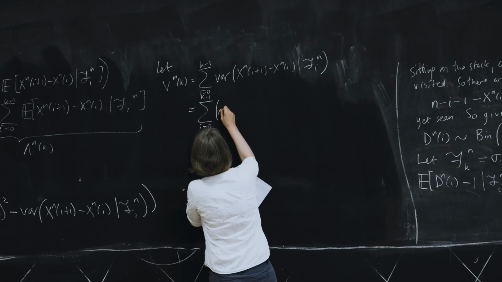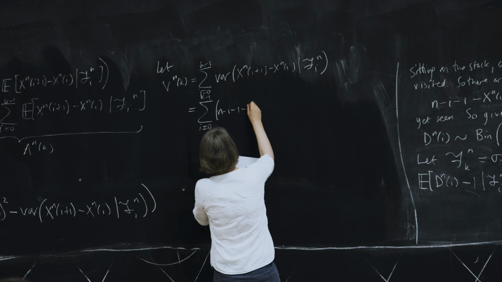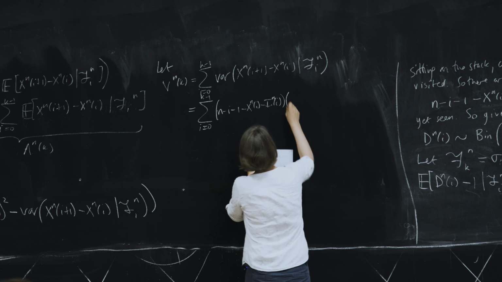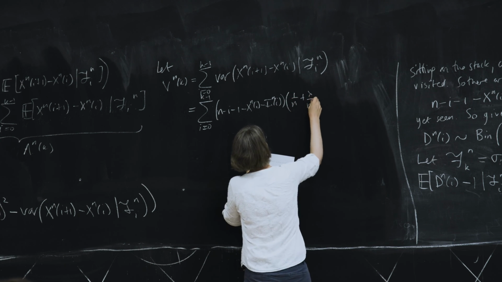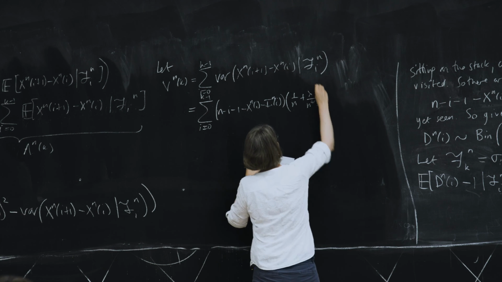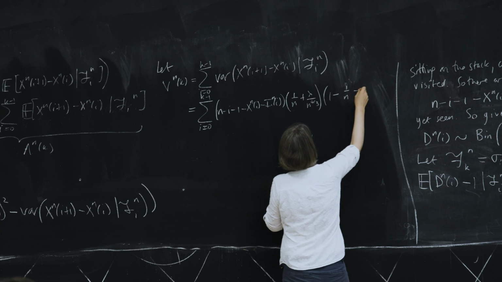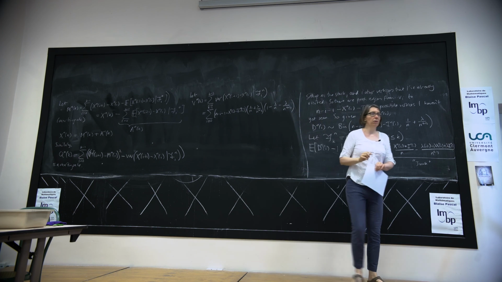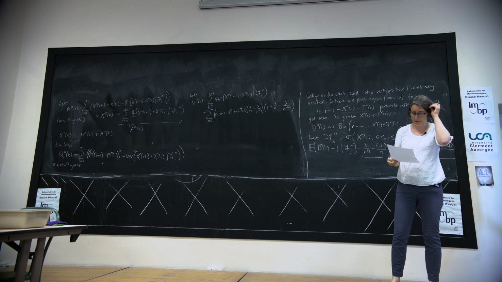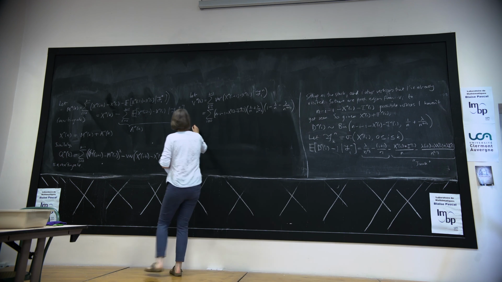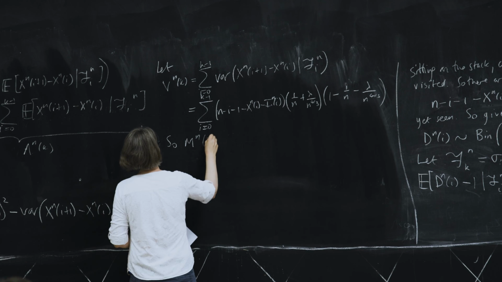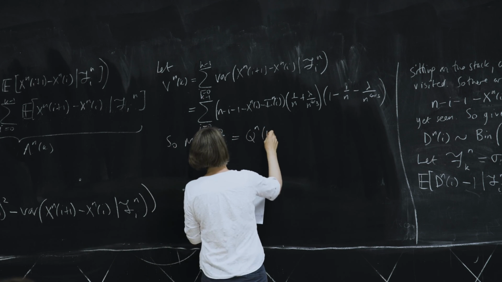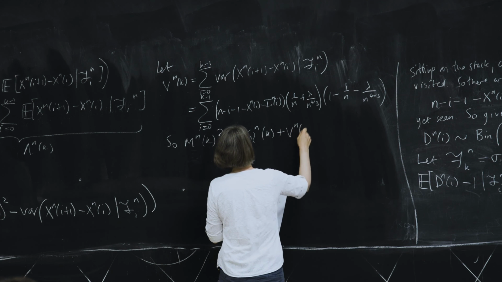So this is n minus i minus 1 minus X_n(i), times p, which is the appropriate term over n to the 4/3, and then 1 minus p. Okay, so it's a bit long to write down, but there's nothing too scary in that, hopefully. Then M_n(k) squared is equal to Q_n of k plus V_n of k.